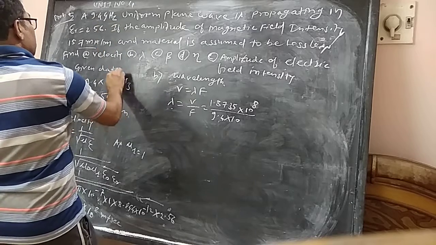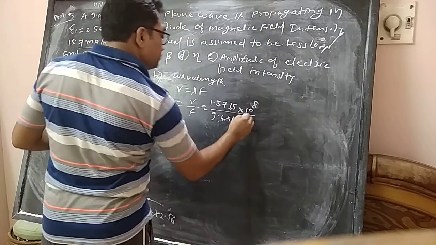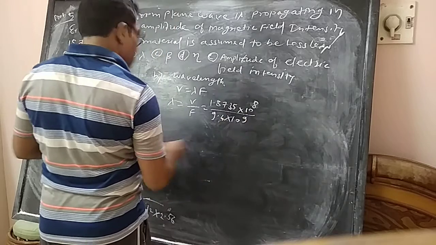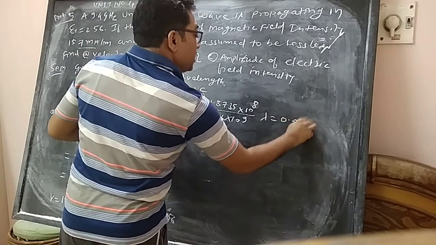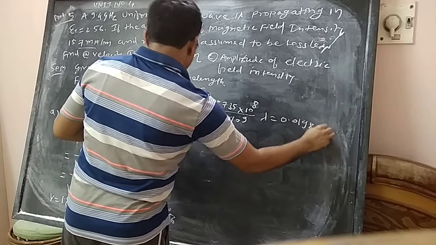Giga is 10 raised to power 9. So the value of lambda becomes 0.0198 meter.